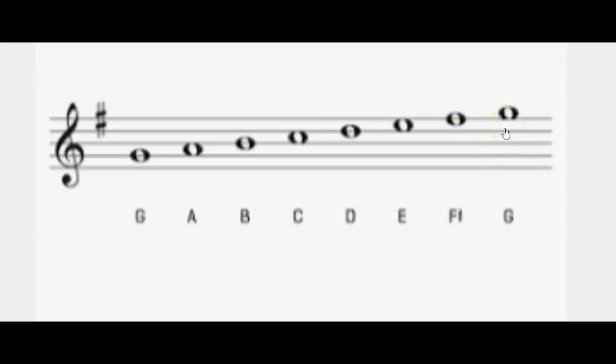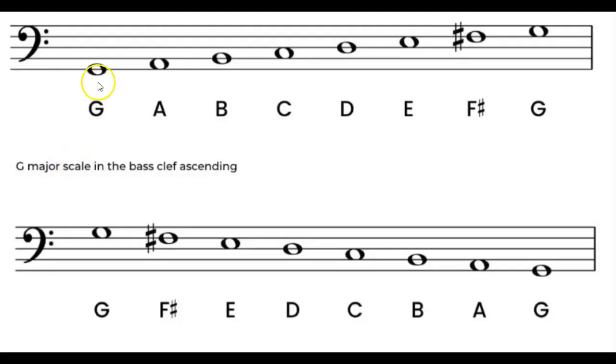So I'm going to ask you to write G using a key signature, and there you see it. Now this one is ascending. Bass clef, I have that one ascending. G, A, B, C, D, E, F sharp, G. But I'm going to ask you to write it with key signature. So now you have to think.